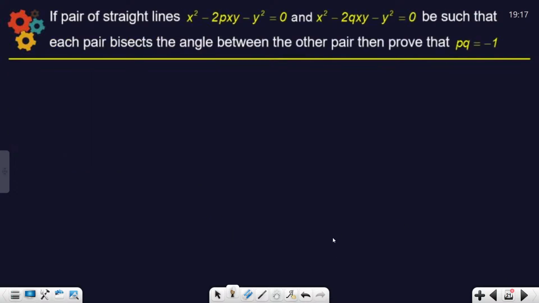Now see this question. They have said if the pair of straight lines this and this be such that each pair bisects the angle between the other pair. What do you mean by that? Let me just draw this.